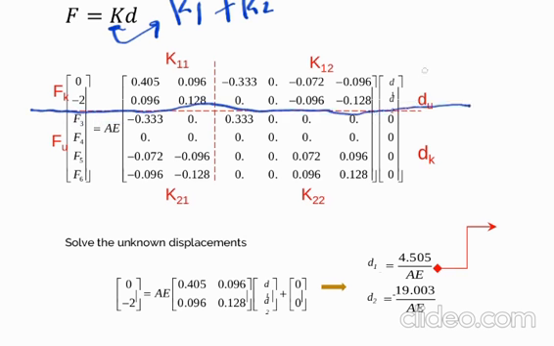Why? Because I need only to find D number 1 and D number 2. I want to take two values, I mean, for K11, we have two values only, which help me to find D1 and D2.